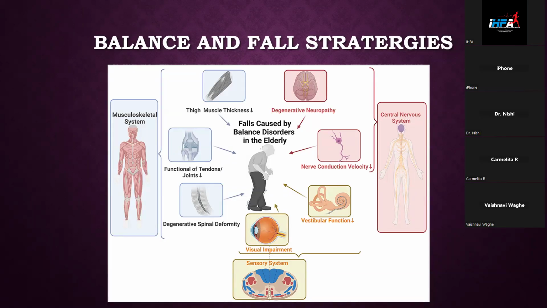Before going to balance and fall, this is what we have already discussed before. I need you to answer: what is balance and how will you assess balance in a geriatric population?